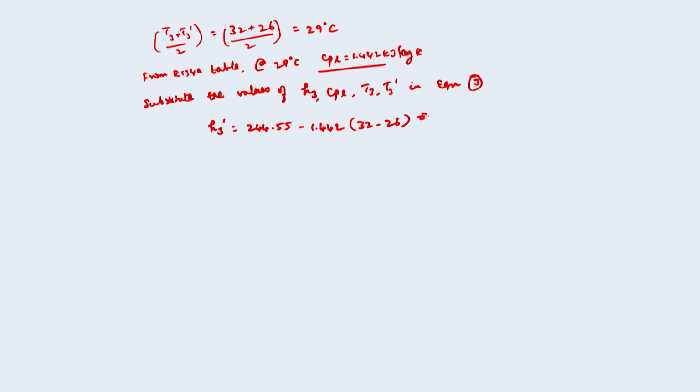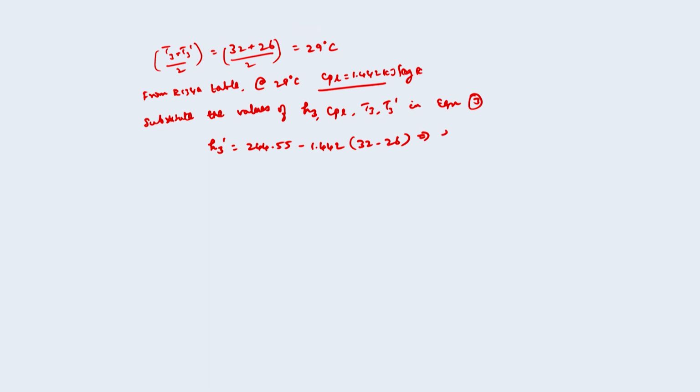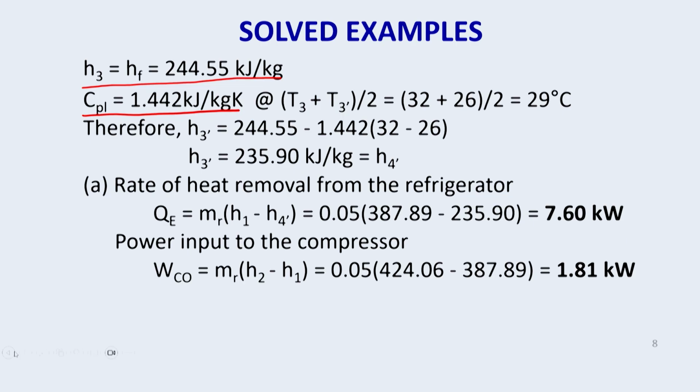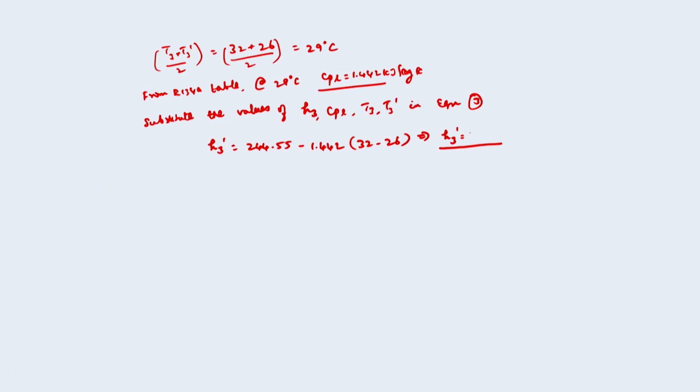So when we calculate, we get H3 dash equal to 235.9 kilojoule per kg. Now, this is nothing but H4 dash.